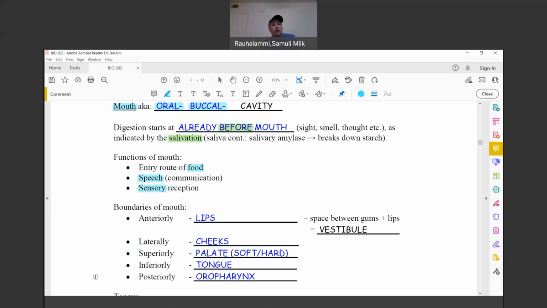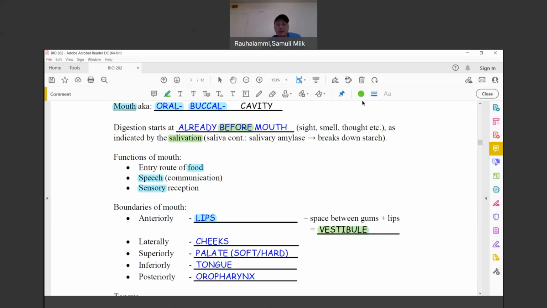So the boundaries of the mouth anteriorly, so at the front, it's going to be our lips. So our lips prevent food from falling out of the oral cavity in an anterior aspect. One term that I wanted to share with you, just so you've seen it and are comfortable, is the space between the gums and the lips, which is known as a vestibule.